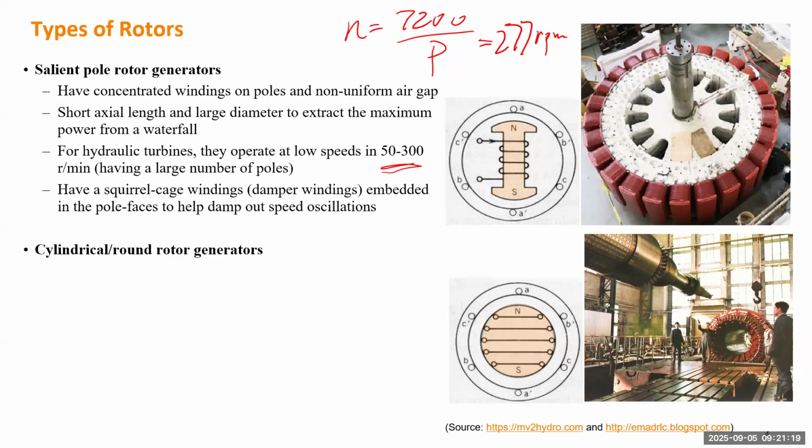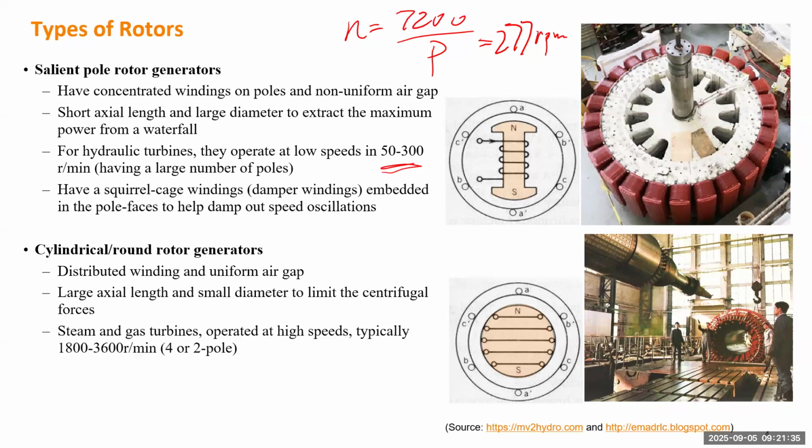The second type is the round rotor generator. So you can see this is a round rotor. It's fitting to this stator. The diameter is much smaller, and the axial length is much bigger. Usually the round rotors are used for steam and gas turbine generators operated at much higher speed.